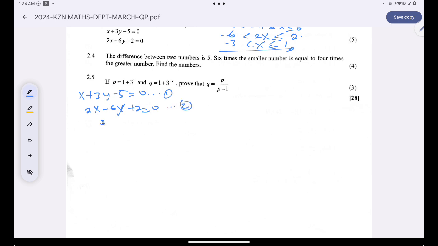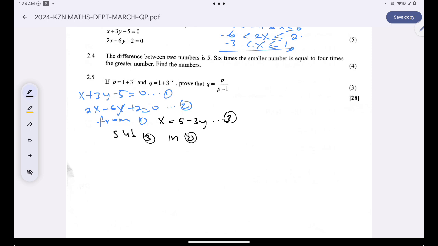I can simply say from equation 1 I can say x is equal to 5 minus 3y. I've isolated x and put everything on the right hand side.